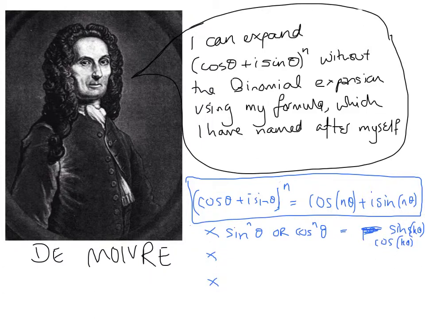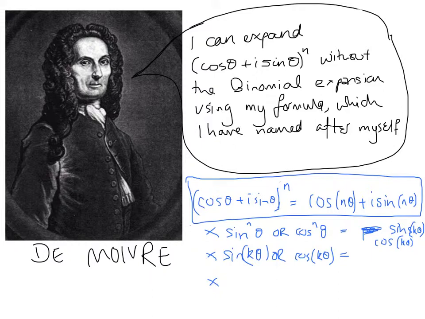On the other hand, say we've got sine k theta or cos k theta or something like that, and we don't like it because today we are not in the mood for multiple angles. We don't like them. We want powers. So we can go in the other direction depending on what mood we're in.